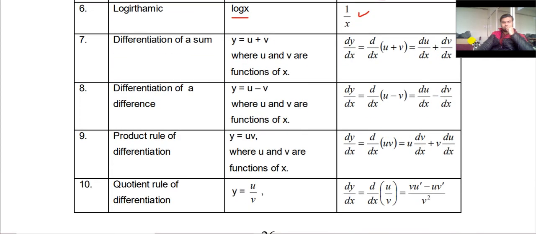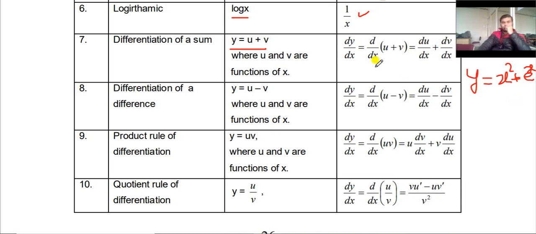Now suppose your function y is a sum of two functions u and v. Suppose y is equal to x square plus e to the power x. Then u is x square and v is e to the power x. How can we differentiate this?